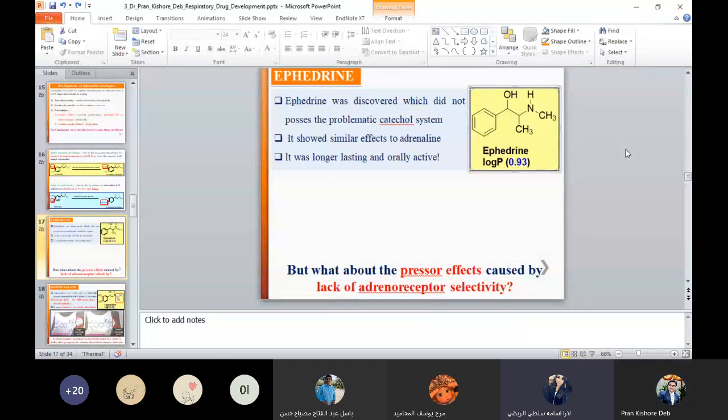And the presence of CH3 attached to N makes binding with alpha 1 and beta 1, so it can cause pressor effect and cardiovascular effect. No, you missed the answer. Yes, about lipophilicity, it will cross the blood-brain barrier, so it causes CNS effect.